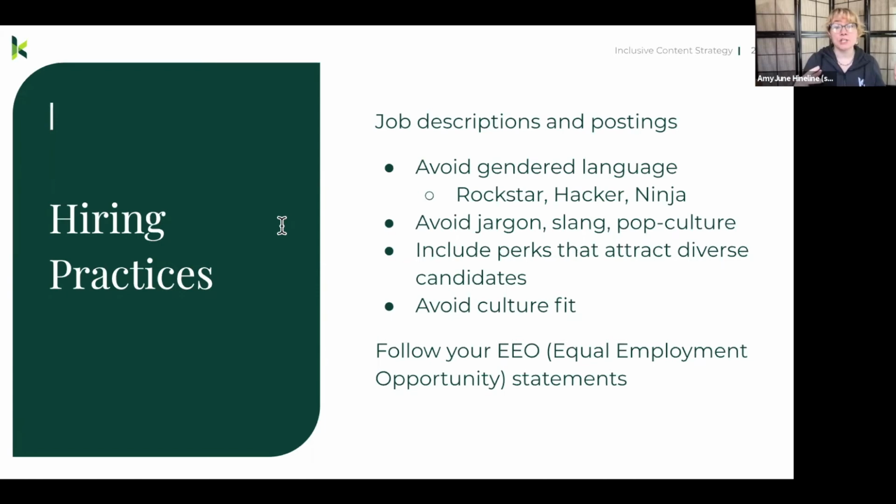We want to make sure that applicants or our own team don't feel excluded, so keep the language simple and straightforward. Don't expect people to know every aspect of your company's culture. You can also bring a little bit of compassion. This can go with student admission pages too. You can bring compassion to your job ads or your application pages by thinking about perks and benefits that matter to different types of people.